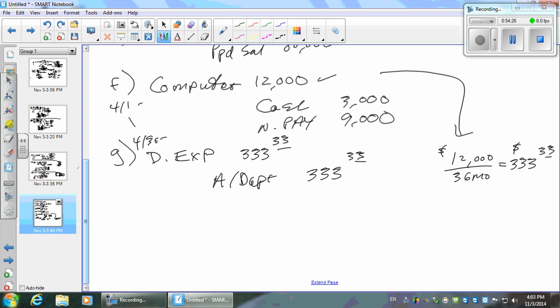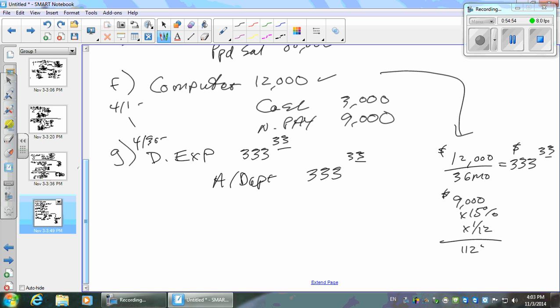And then what about the debt? They have interest, right? How much interest? It's $9,000 a year, 15%. But how many months do we have? Just one? 1/12. So what's 15% of 9,000? 1,350, and then divide that by 12, what'd you get? 112.50.